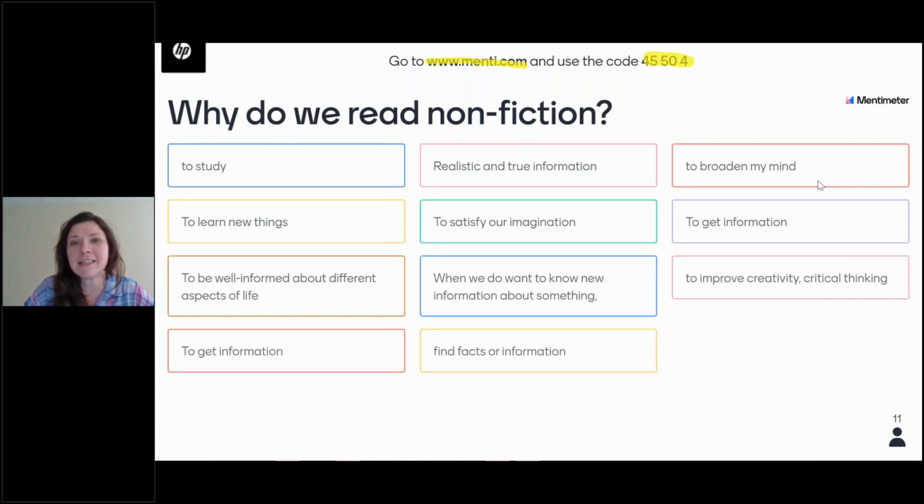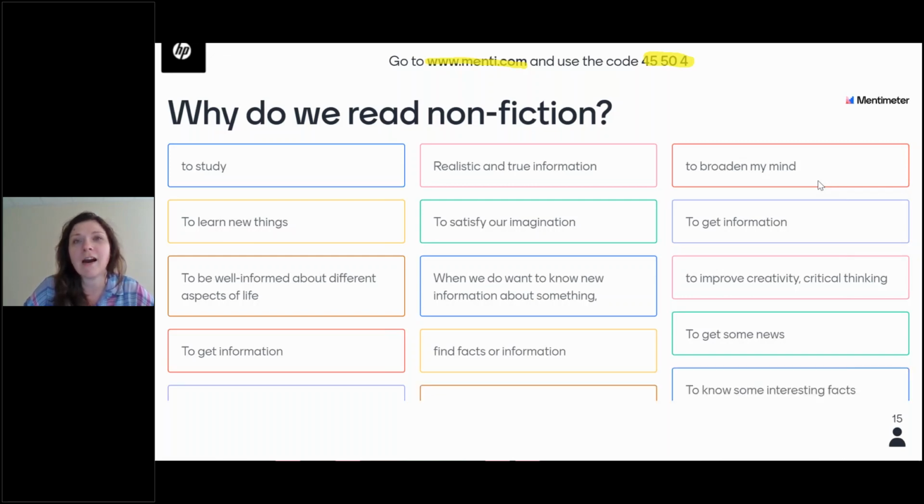So now I see that a lot of people are joining us, and we have really great ideas. So non-fiction, articles, autobiography, interviews, essays, right? We read them to study, to learn new things, to be well informed about different aspects of life, to get information, find facts, to get some news, to improve creativity, critical thinking.